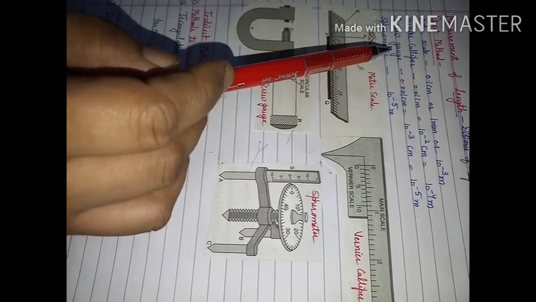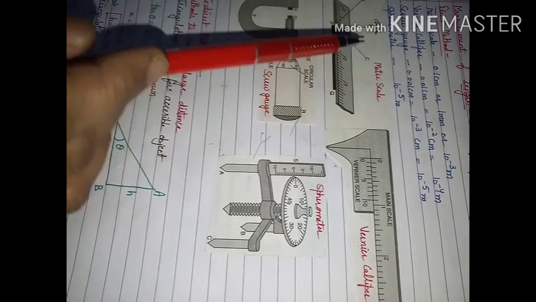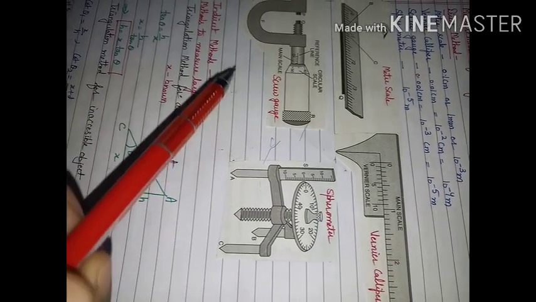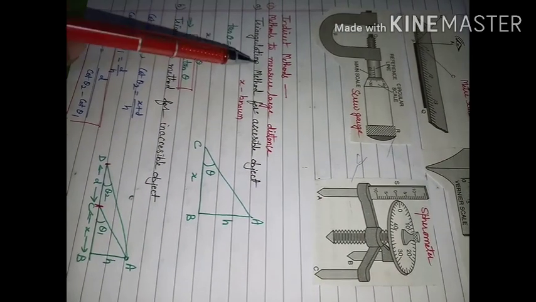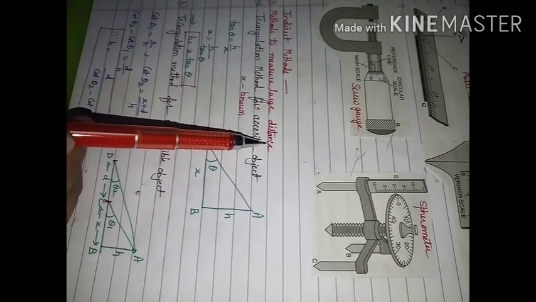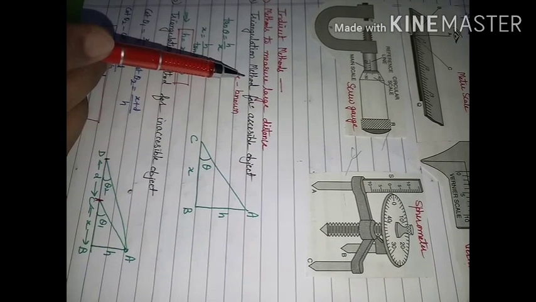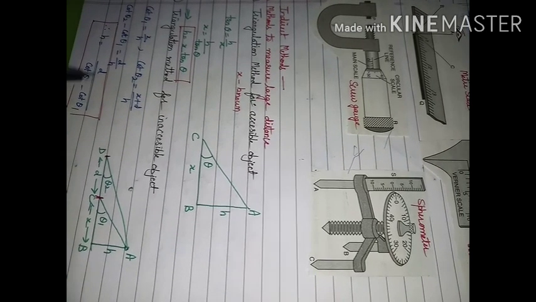Sometimes we are in need of indirect methods also for measurement. These indirect methods we are using for very small distance also, and we are using for very large distance also. So here we are going to discuss what are indirect methods to measure large distance. The first method is the triangulation method, making use of trigonometry, which you have done in 10th class in mathematics.